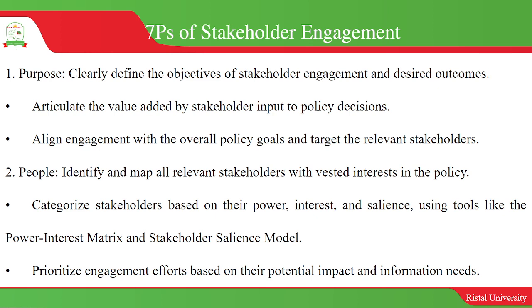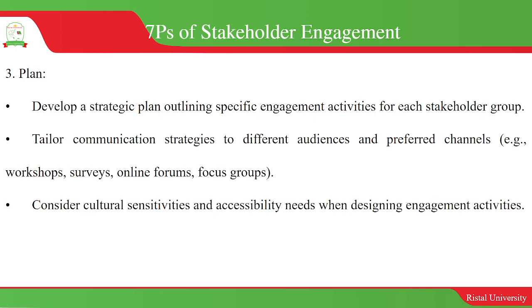And then we have the people. Identify and map all relevant stakeholders with vested interest in the policy. So you can use the other tools that we have already looked at, the power interest matrix, stakeholder salience model and others to identify the people who are influential, who have interest in the policy issue. And then plan.